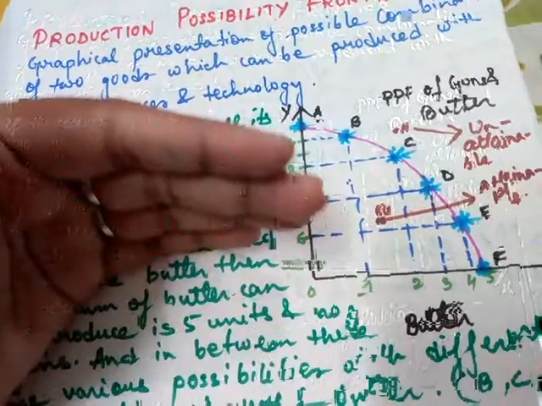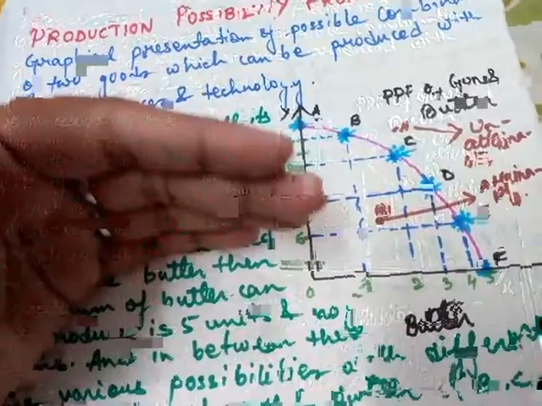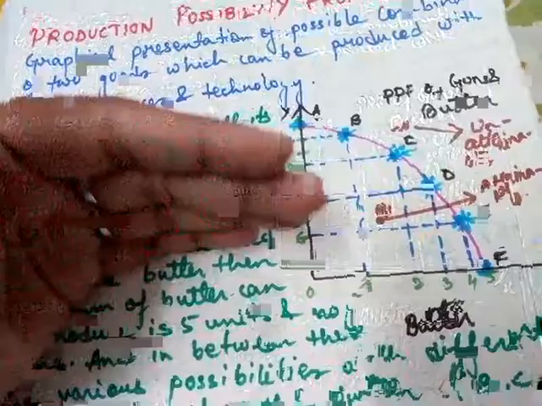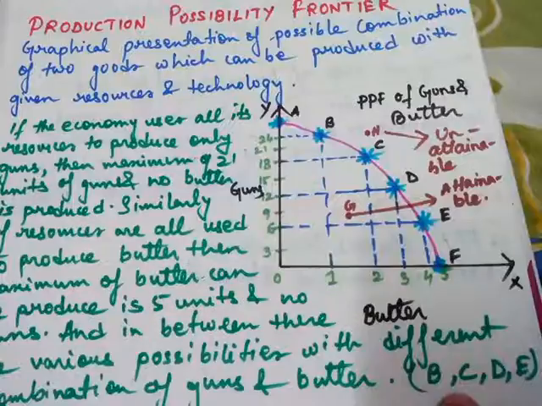Means you are not keeping any resource held in your hand, as it has been told in the assumption that resources should be fully and efficiently utilized. So the concept comes here: when you are sacrificing some amount of one product, you are increasing the amount of another product, which is butter.